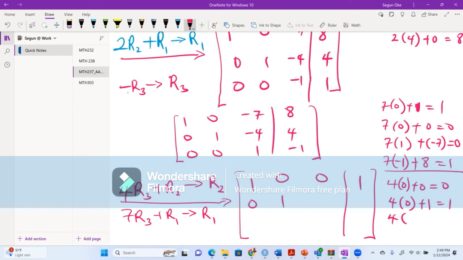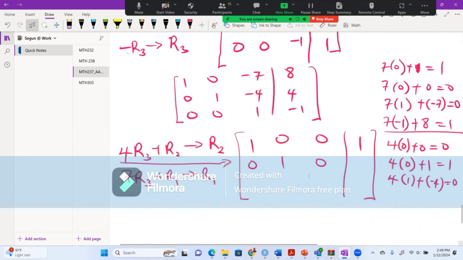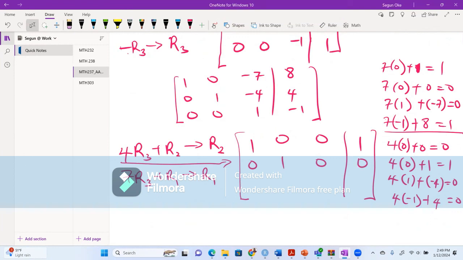Then 4 multiplied by 1 plus -4 will give me 0. So at the end of the day, 4 multiplied by -1 plus 4 will give me 0. So this is 0. Then R3 will remain 0, 0, 1, -1.